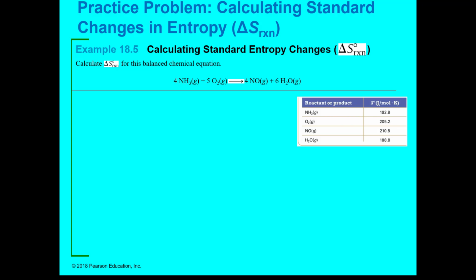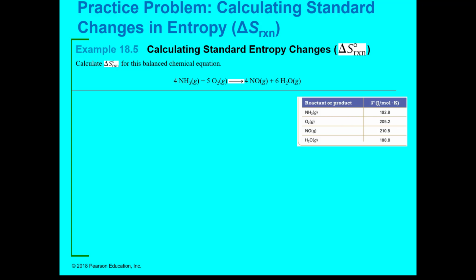So in this particular one, it wants you to figure out the delta S for the balanced chemical equation. I have a chart here with the values, which you'd have to be given, right?